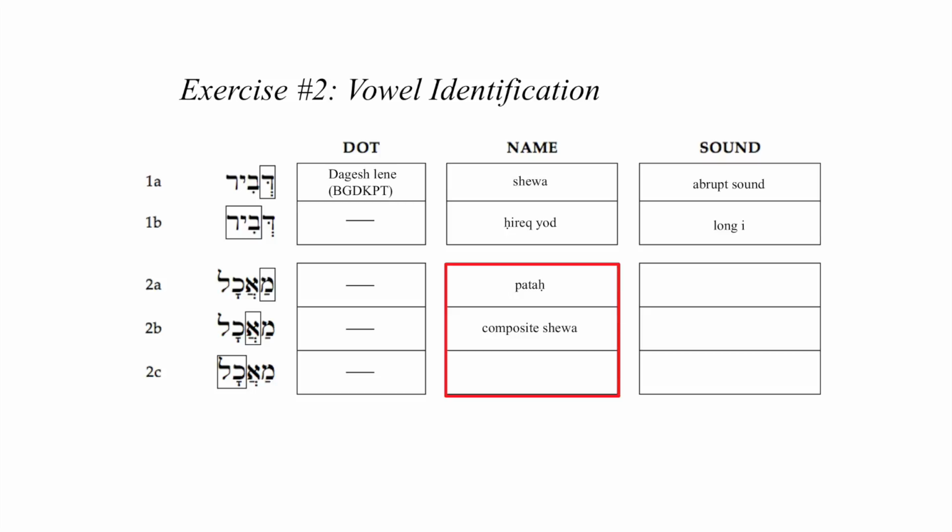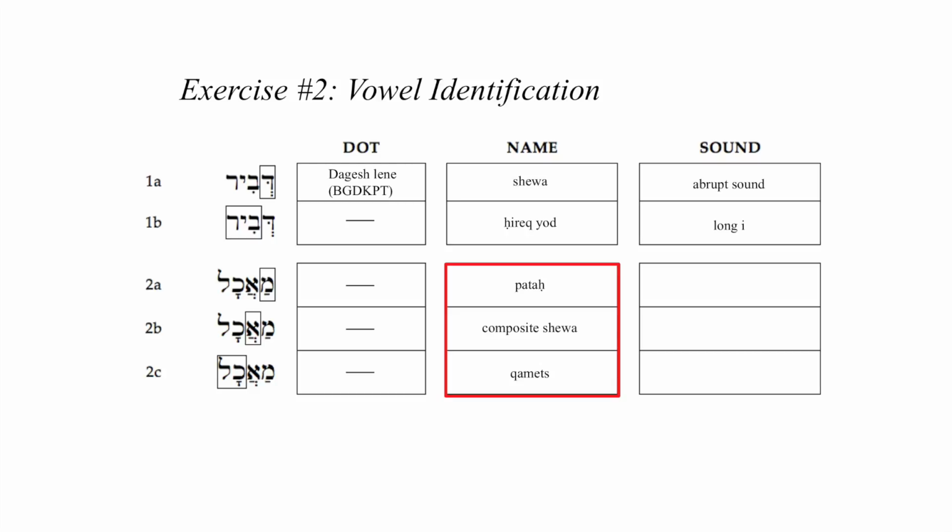The second notation is a composite schwa. So it's still a schwa, but we're going to designate that it is the one that is accompanied with a vowel. You don't have to specify which vowel it is at this point, just identify it as a composite schwa. The third vowel is a komets. So we write that in.